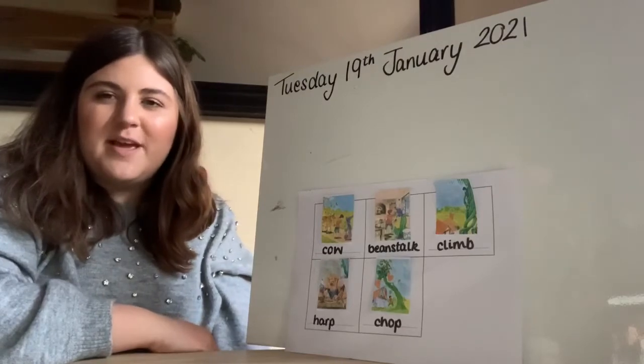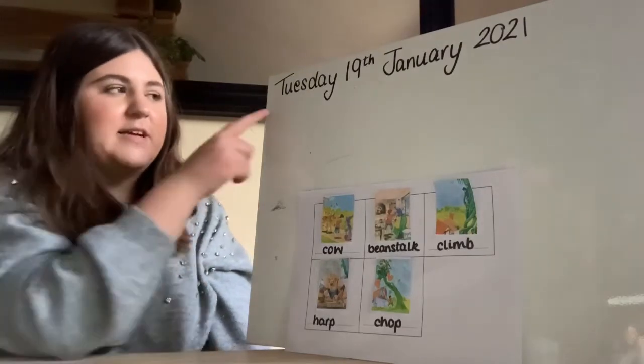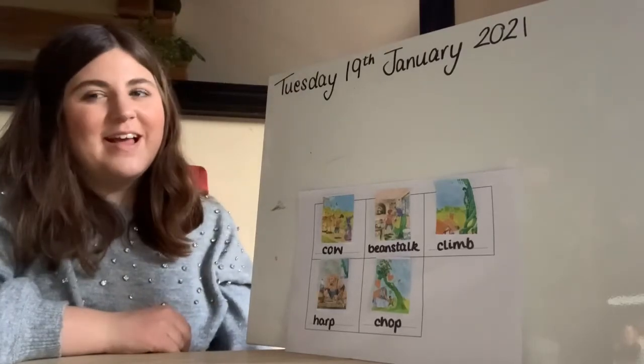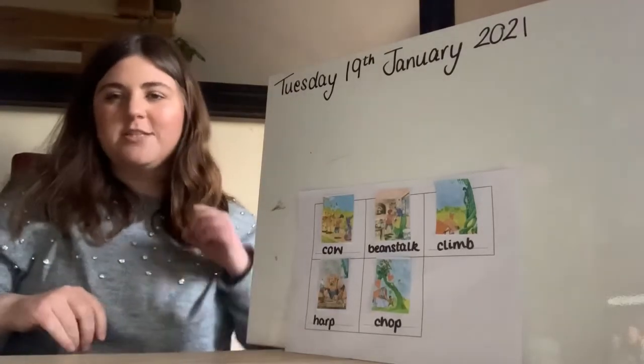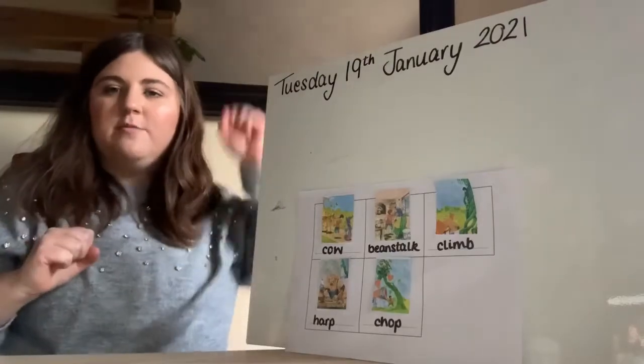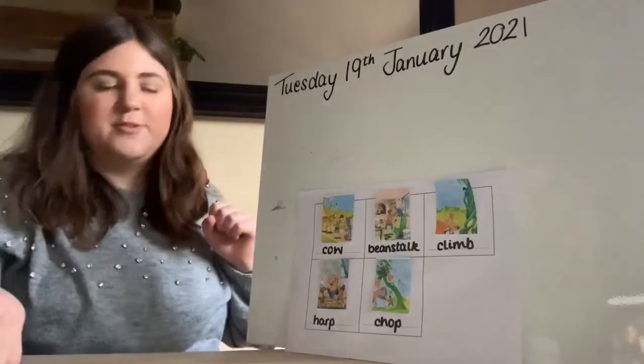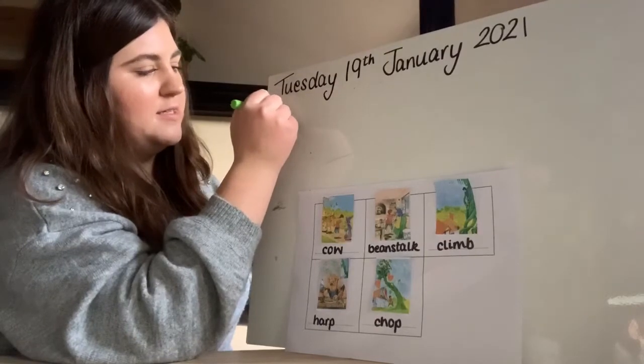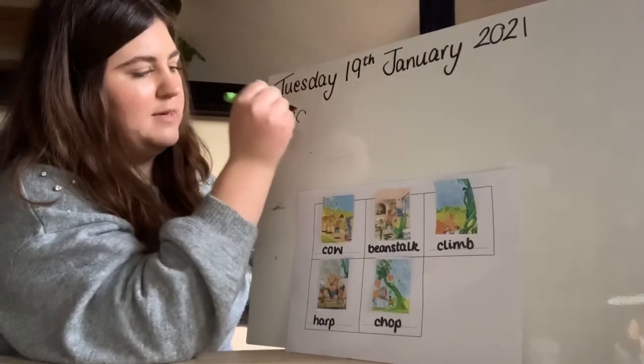Think what they might be. The one at the beginning: we need to start a sentence with a capital letter. Remember, do the actions with me. Sentences start with a capital letter. Super job.